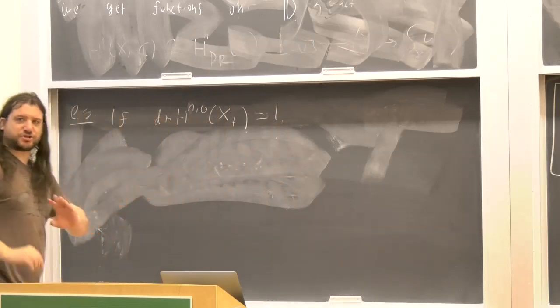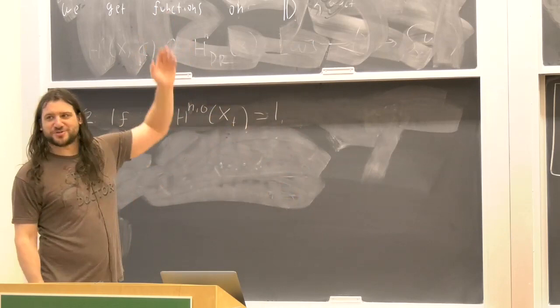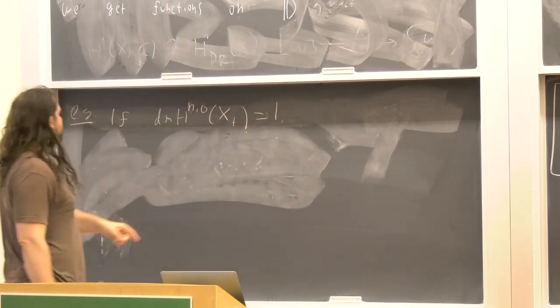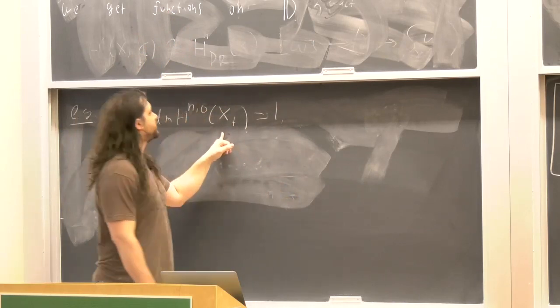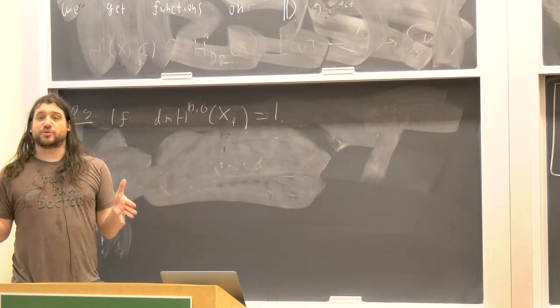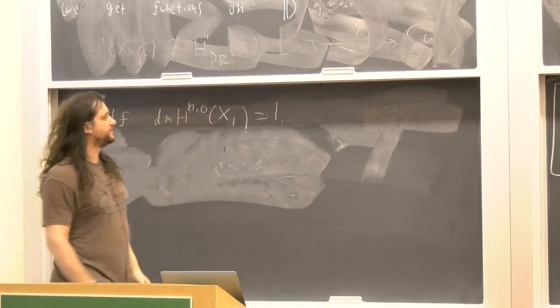By the way, it's not totally obvious that the dimension of these H^{p,q}s doesn't change as you move in the family, but it's broadly true. If the dimension of this is 1, what does this mean? This means there's a one-dimensional space of holomorphic n-forms.